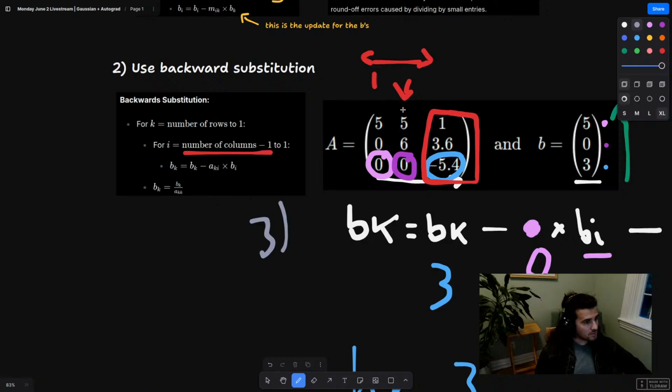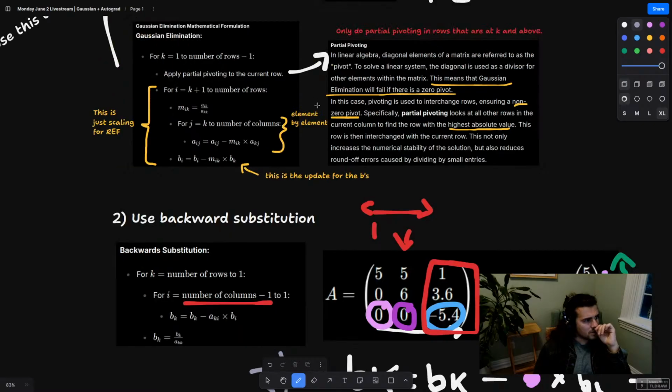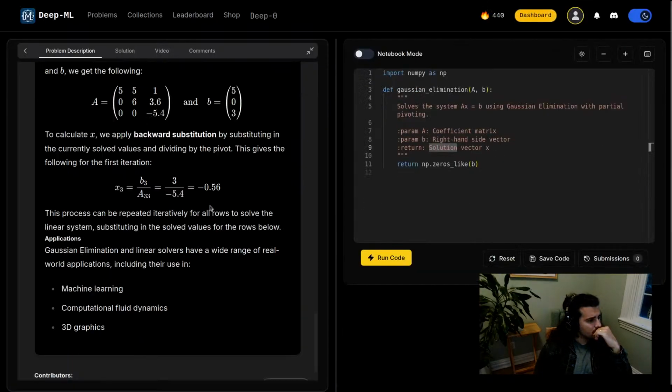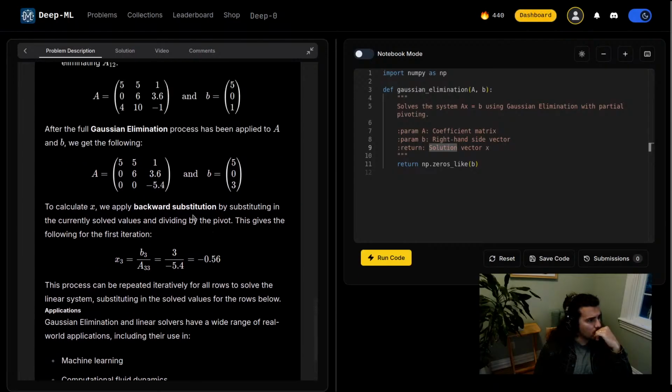And the last one will be, yeah, I'm not sure I get it here. No, to be honest, I'm not sure I get it. What's up? By substituting the current solved value and dividing by the pivot, this gives the following for the first iteration.